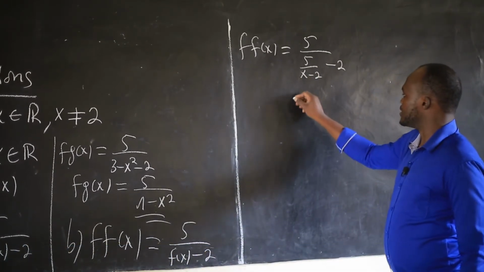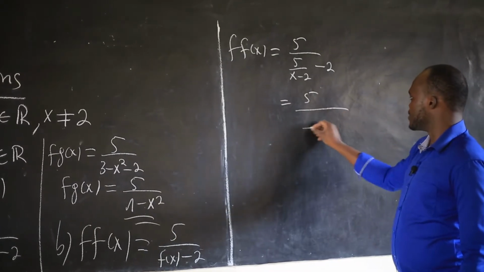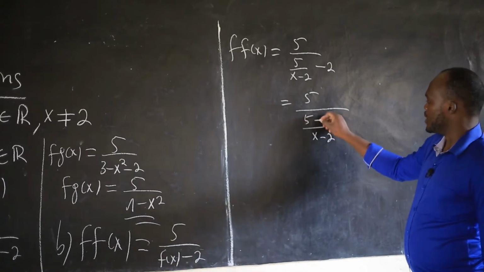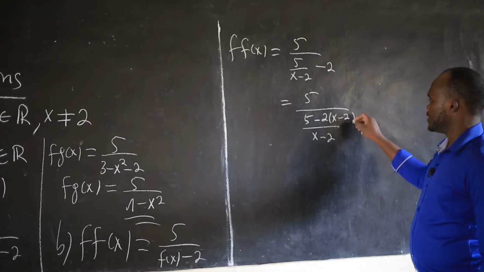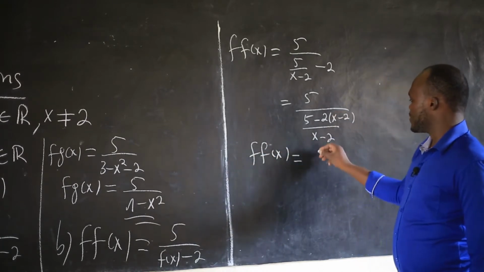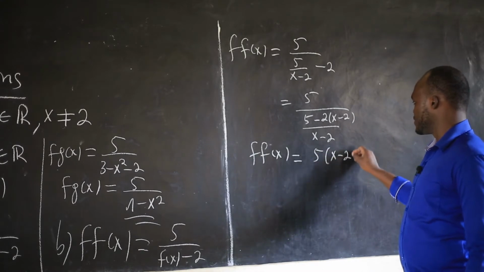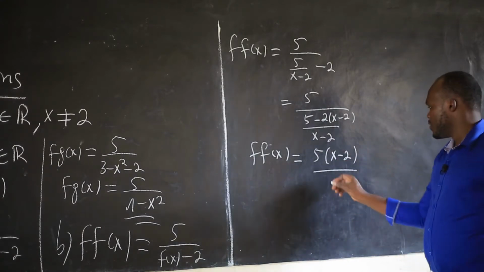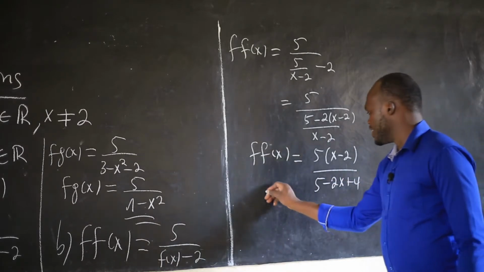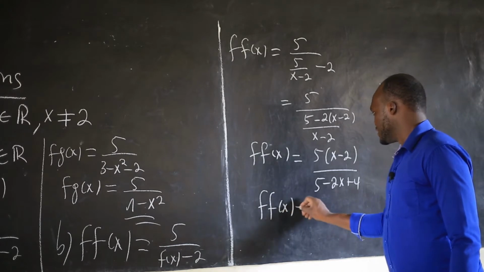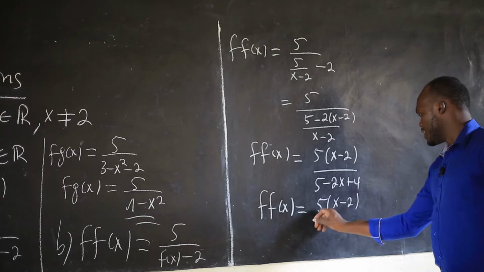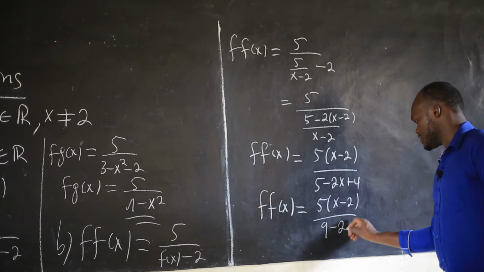We just find the LCM, that is 5 divided by the LCM x minus 2, then 5 minus 2 into bracket x minus 2. So f of f of x will be 5 into bracket x minus 2 divided by 5 minus 2x plus 4. So f of f of x is 5 into bracket x minus 2 divided by 9 minus 2x.